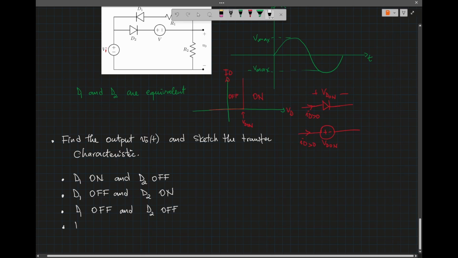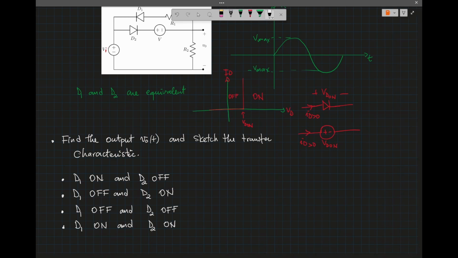And the last one is when both are on, D1 on and D2 on. Now we are going to go through this case by case, and then use that to find what the output is, and then use that to sketch the transfer characteristic.